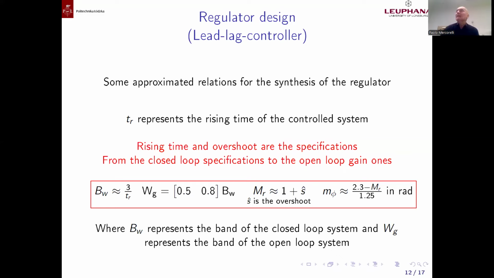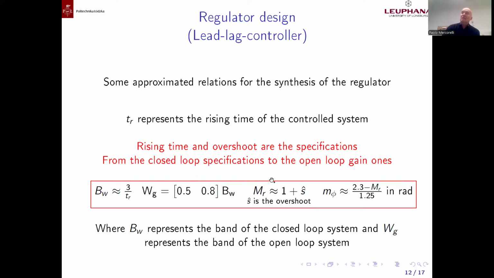Let me consider for the lead just these two elements, even though this is also valid for the lag. What about this for approximating? The equation is not correct, but relations. Look at this.